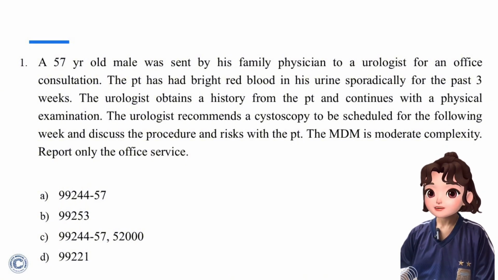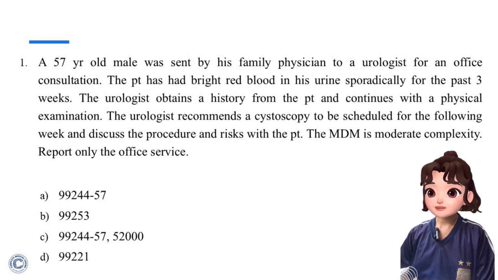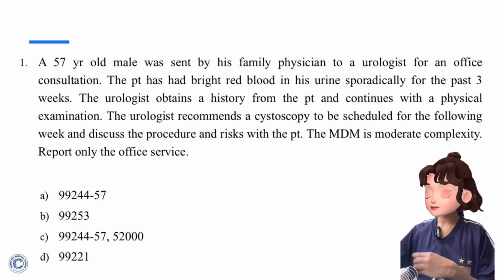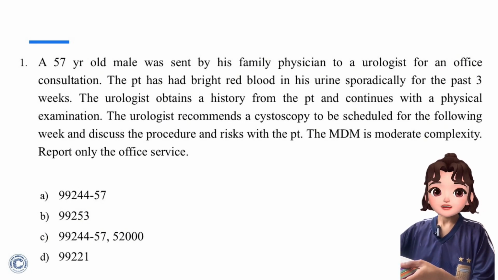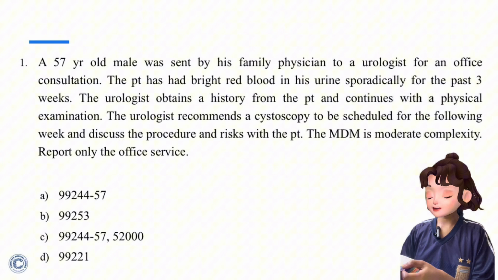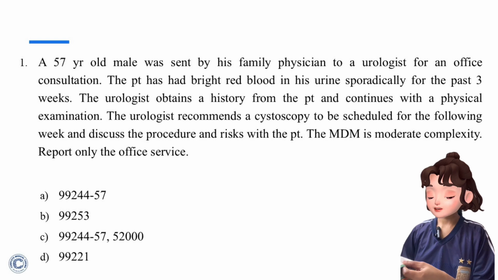All right, that is all about the first option. Now, if you go to option C, you will get the same code 99244 with modifier 57 and then 52000. Check what 52000 is. Now we are eliminating some options in order to find the correct answer.